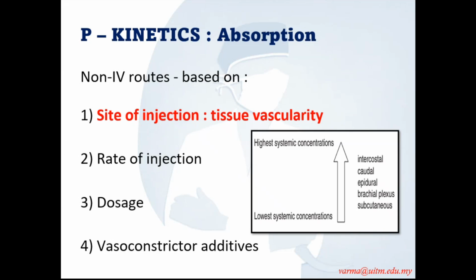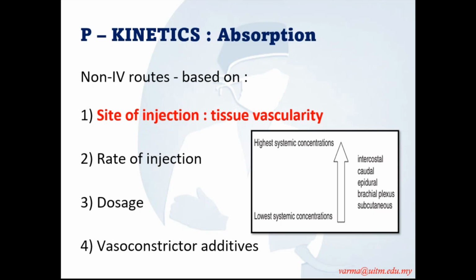It depends on the site of the injection, which is based on the tissue vascularity. When you inject at these places, which places are likely to reach the highest systemic concentration? When you inject at the leg, at the thigh, how fast can it actually go into the systemic circulation?